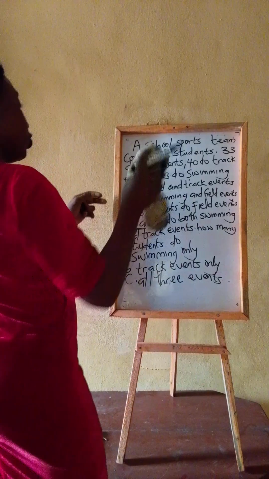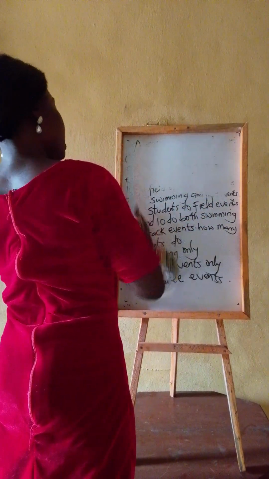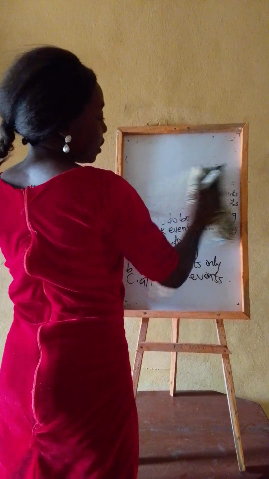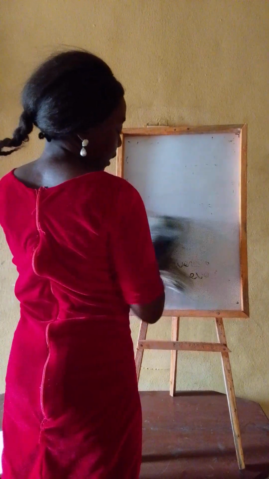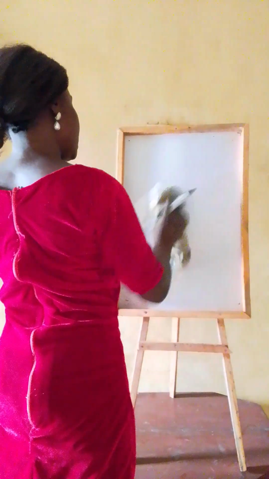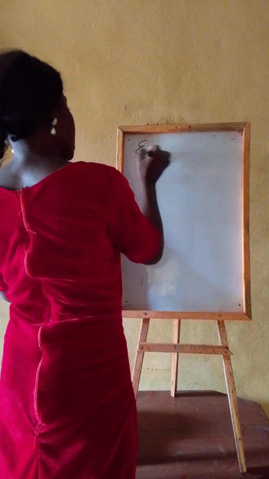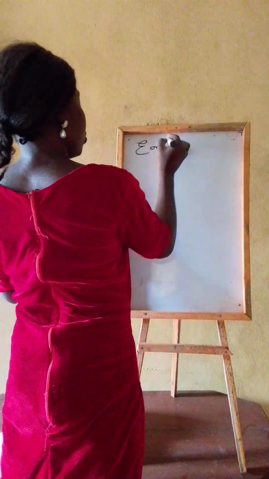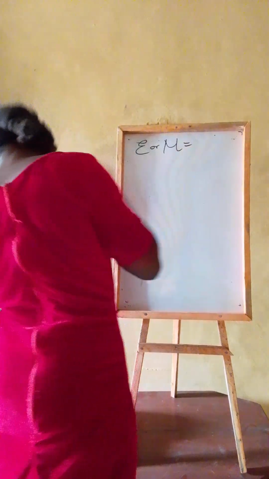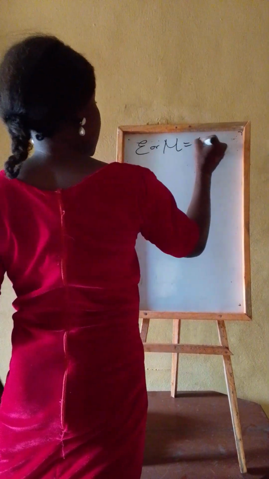So, we represent that using symbols. The first symbol to use is E, your universal set, and that is 68.